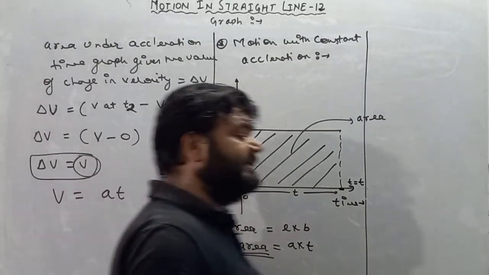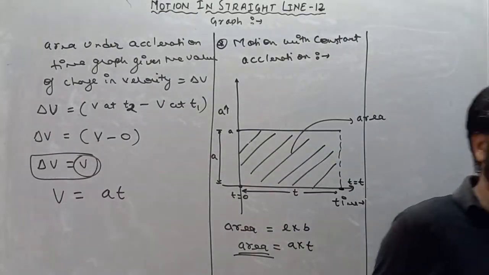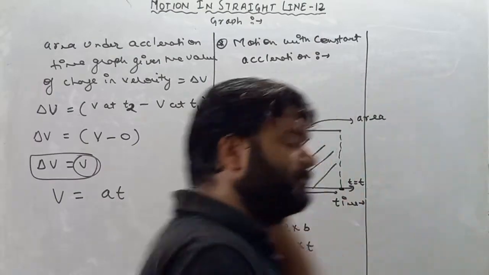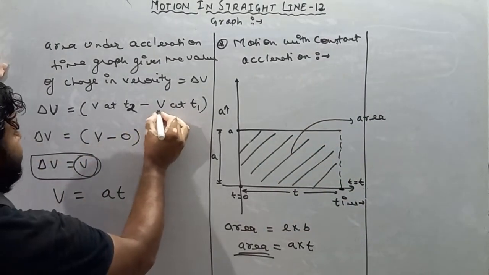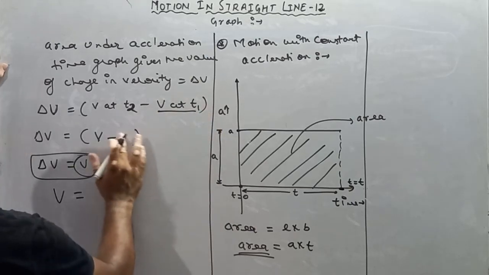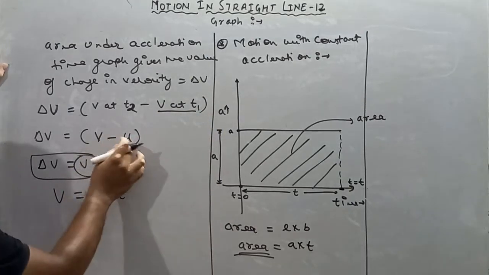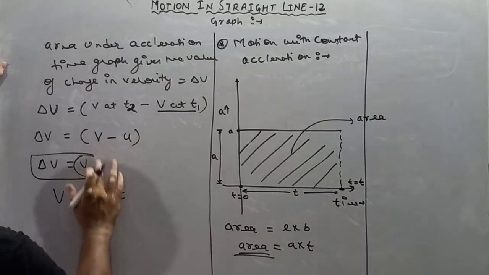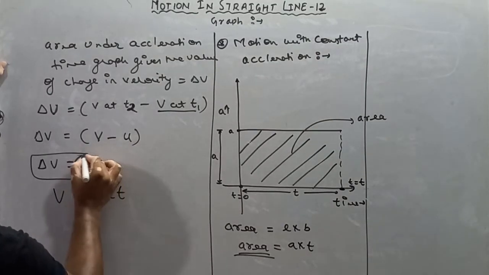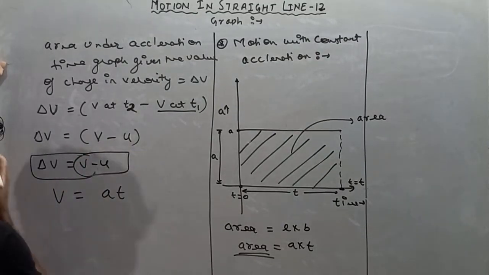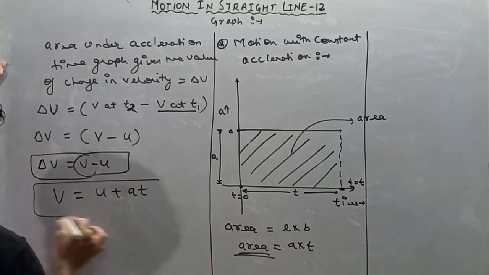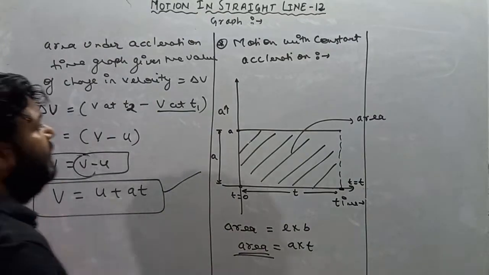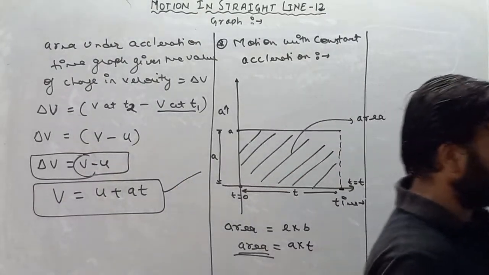If you consider initial velocity to be u and final velocity to be v, then velocity at t1 is u, so it is v minus u. So you will write v equals u plus at. This is the equation of motion with constant acceleration.